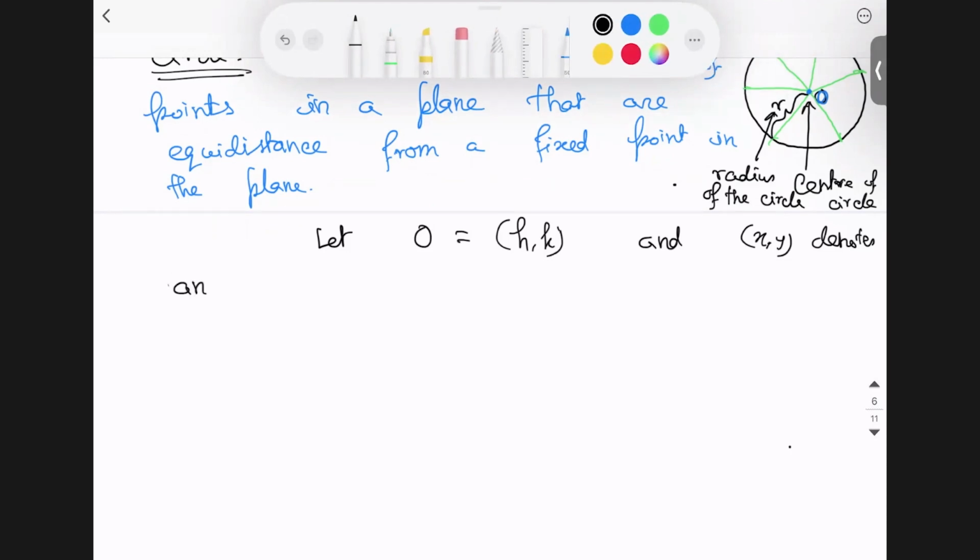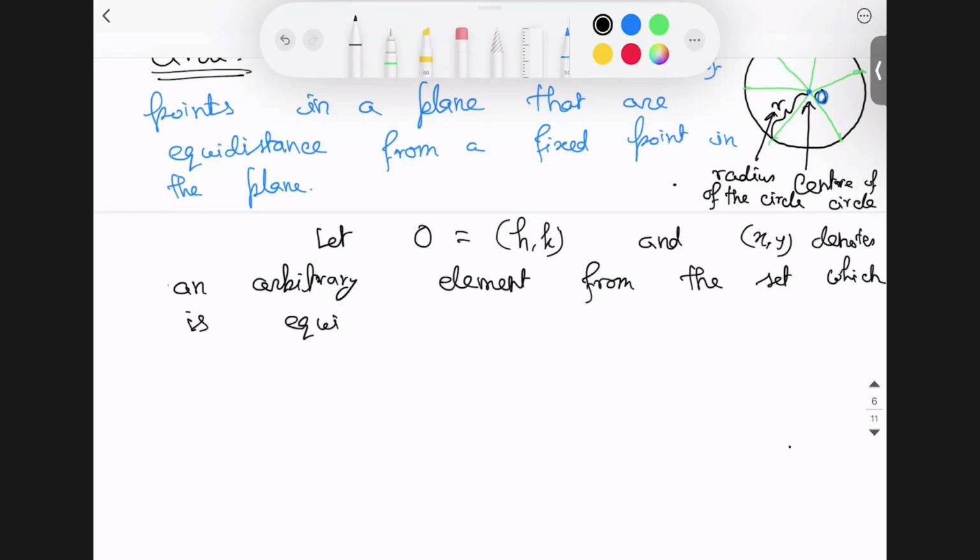So (x, y) denotes an arbitrary element from the set, every element of which is at a distance r.